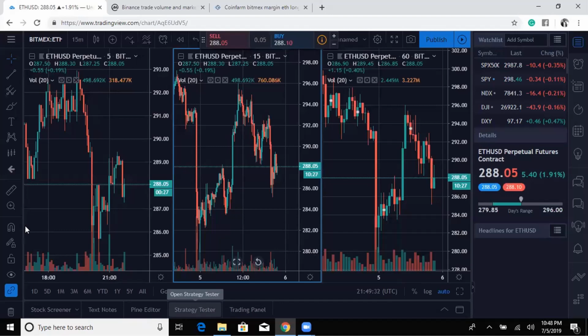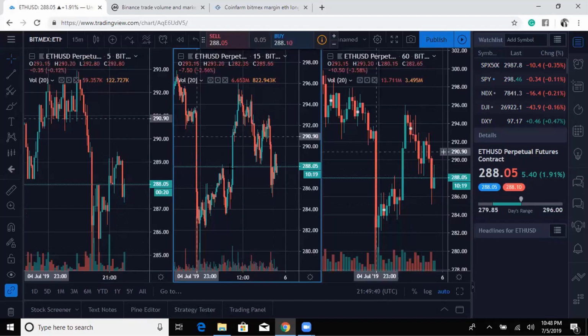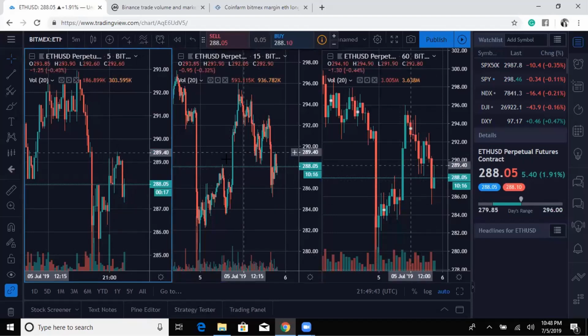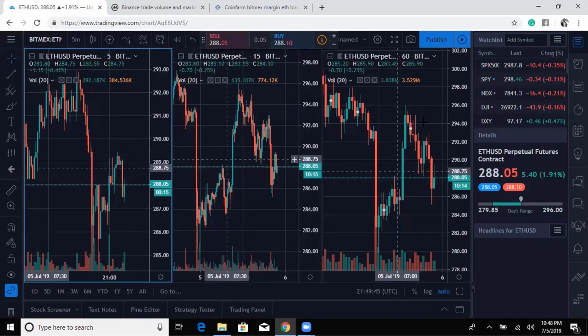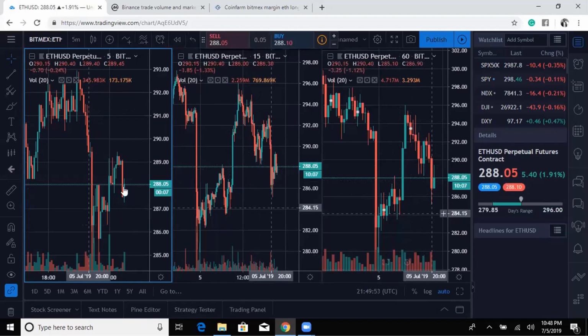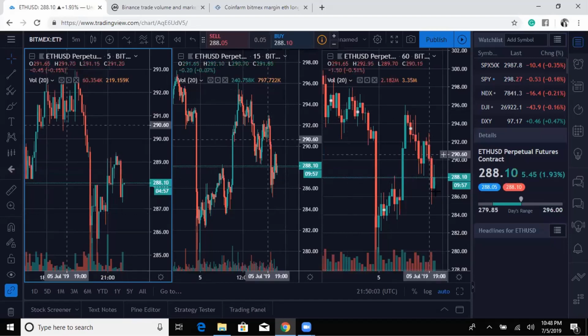Always keep in mind, like we did say, we're using different time frames, and the reason why we make use of 3 different time frames is it really helps us to see where the price direction is going on the short time frame and then on the long time frame. And if on the long time frame the price is going down, for example, and on the lower time frame it says the price is going up, then you should be very shrewd when you're taking long positions, because the longer time frame is saying the price is going down.